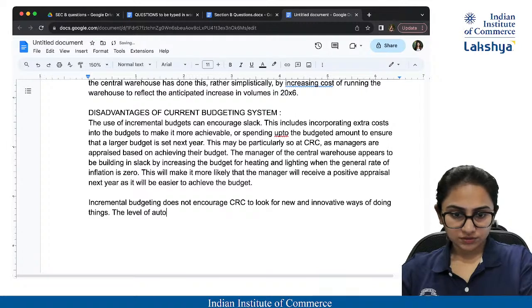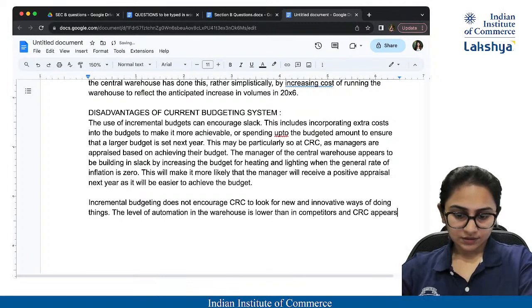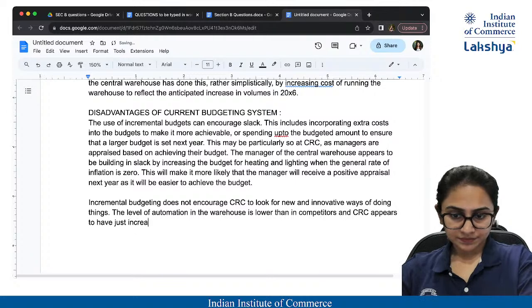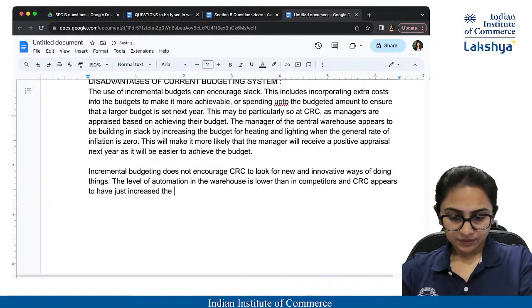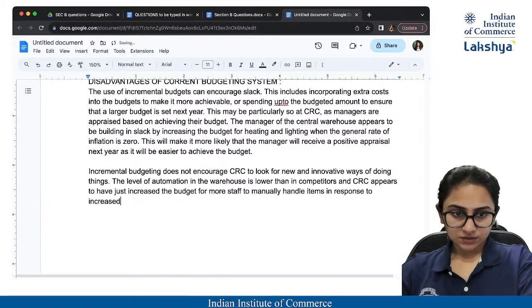The level of automation in the warehouse is lower than in competitors, and CRC appears to have just increased the budget for more staff to manually handle items in response to increased volumes.